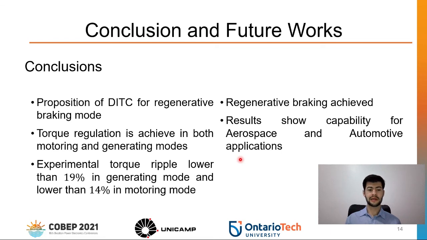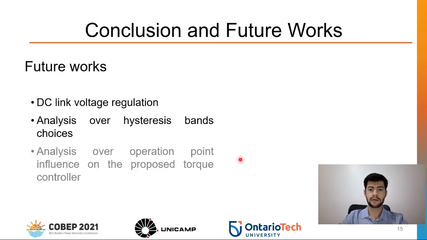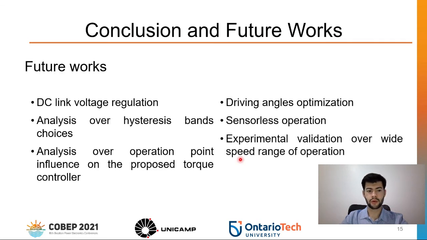We also saw that the experimental torque ripple was always lower than 19% in generating mode and lower than 14% in motoring mode, which proves that the regenerative braking was achieved while maintaining the torque ripple at a low level and showing that the proposed system has a capability for applications in the aerospace and automotive industry. With that, we finished drawing our conclusions, and we can talk a little bit about the future works.